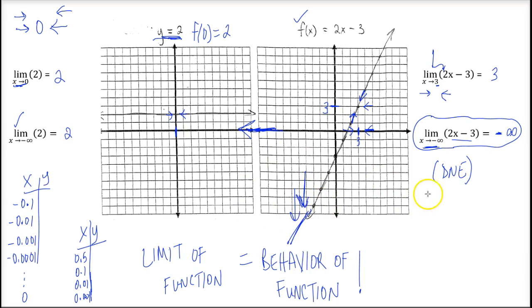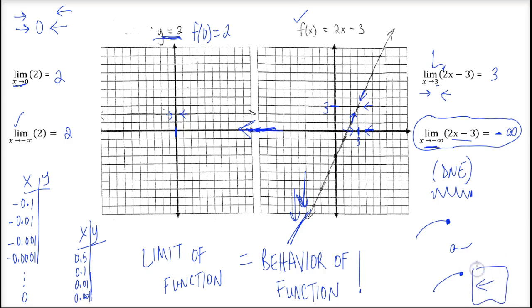We reserve this does not exist case for instances where the behavior from the left may not necessarily be the same as the behavior from the right. Or if we have a situation where, let's say our function is one-sided and the behavior from the left looks like this, but from the right the function is not defined.